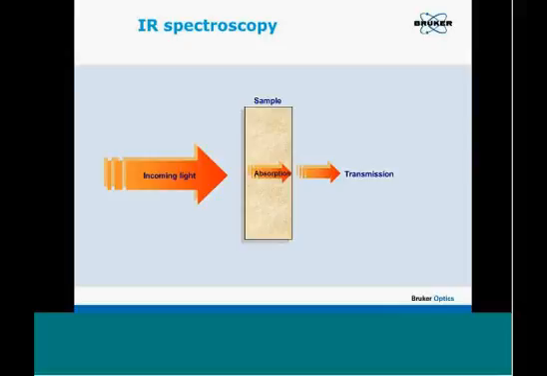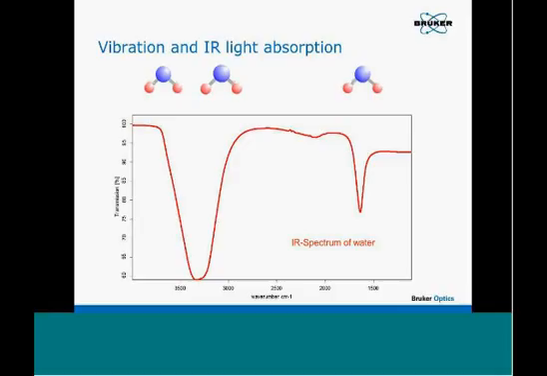The question is, what kind of information can we get from that measurement? On this slide is a transmission spectrum of liquid water, measured through a liquid water cell. The molecule of water is very simple, which means the spectrum of this molecule is also simple.